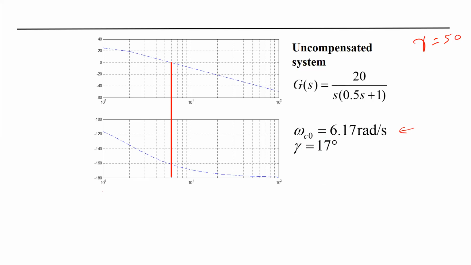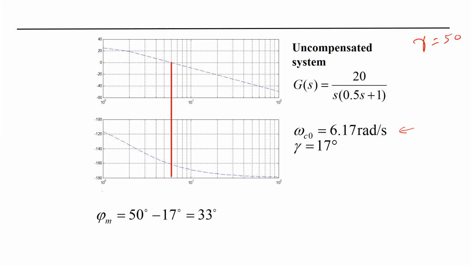So I will be using this 17, and I add to it the difference. How much should I add? 33. Usually, the design is trial and error, and it depends on how comfortable you are.